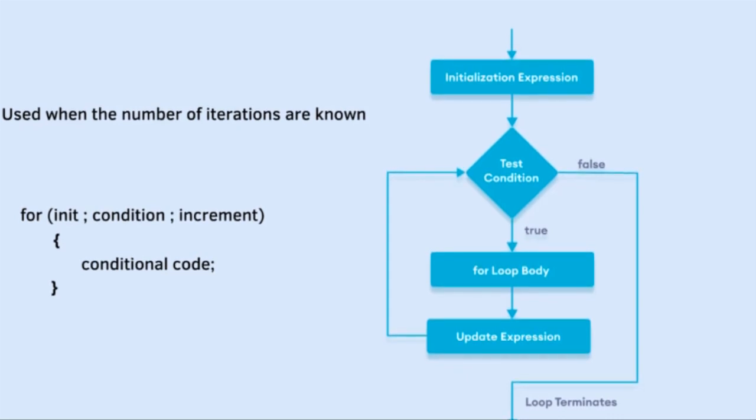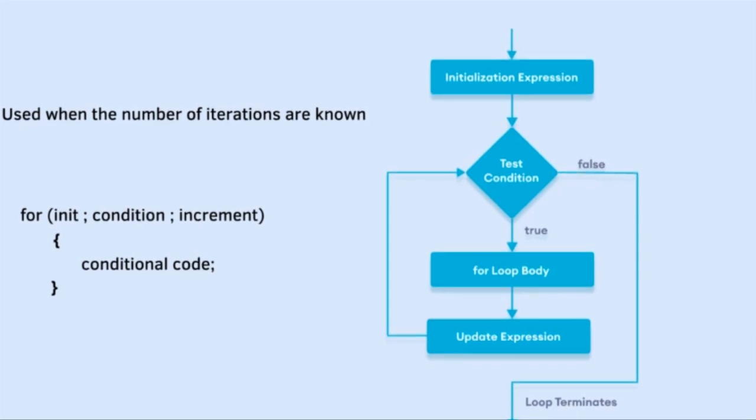If the condition is true, only then this code block will get executed. If the condition is false the very first time, it will not execute at all. Alright, so if the condition is true, then the code block will execute, and then comes the increment. Increment means after executing the complete body, it will again go to this particular section where the increment takes place.